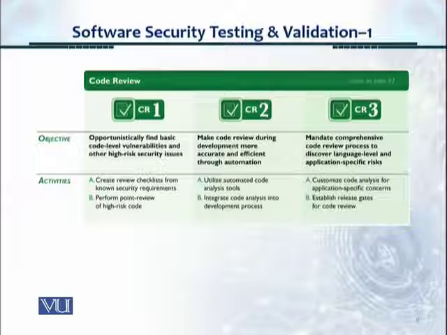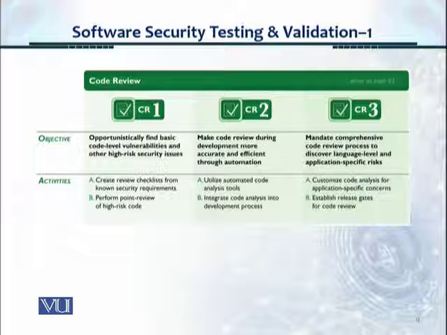Opportunistically find basic code level vulnerabilities and other high-risk security issues by conducting the following two activities: create review checklists from known security requirements and perform point review of high-risk code. And then the second objective under code review is make code review during development more accurate and efficient through automation.